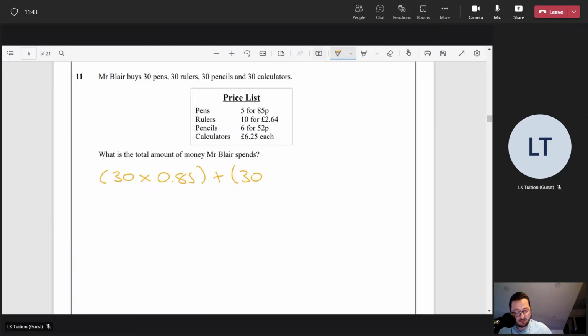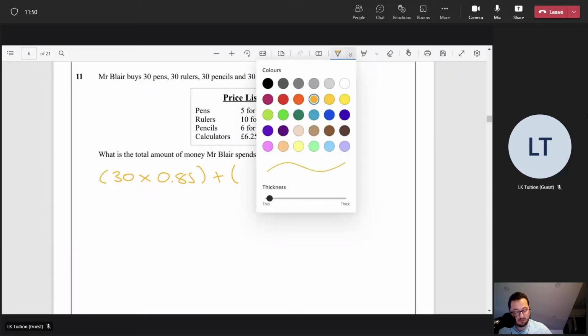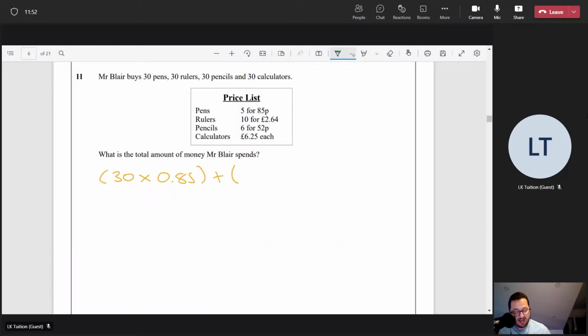So let's rub that out for a second. If I think about 10, it's 10 for £2.64, so for 30 I need 3 lots of 10. So for the rulers, it's going to be 3 lots of £2.64, plus pencils, it's 6 for 52p.